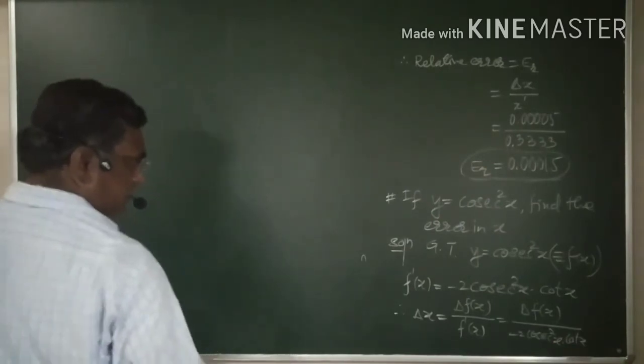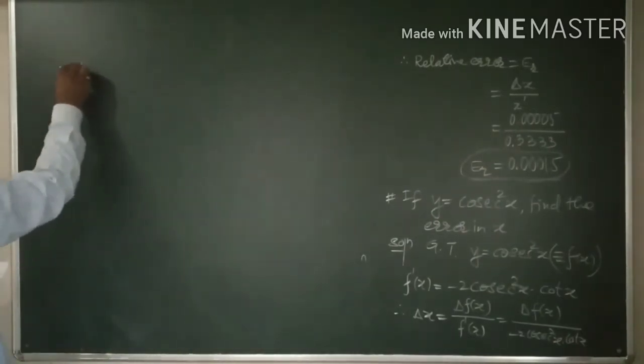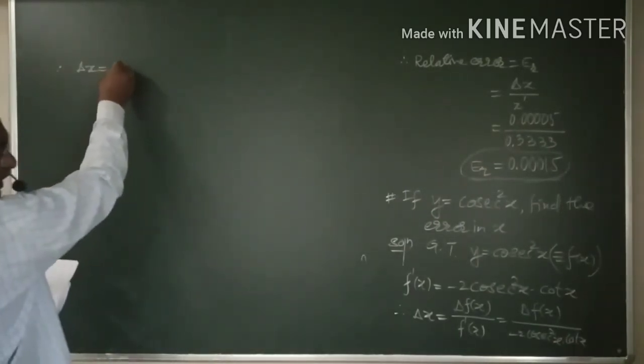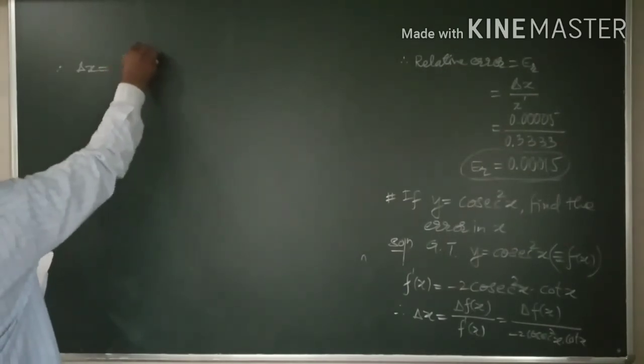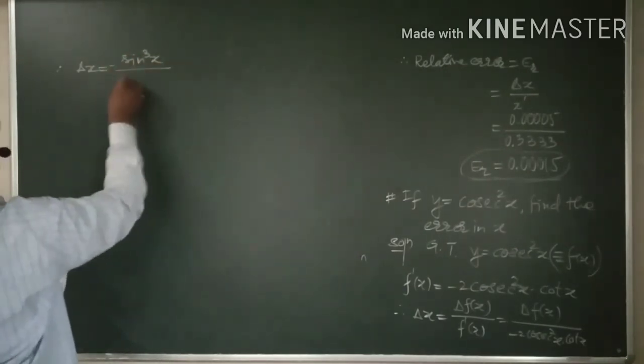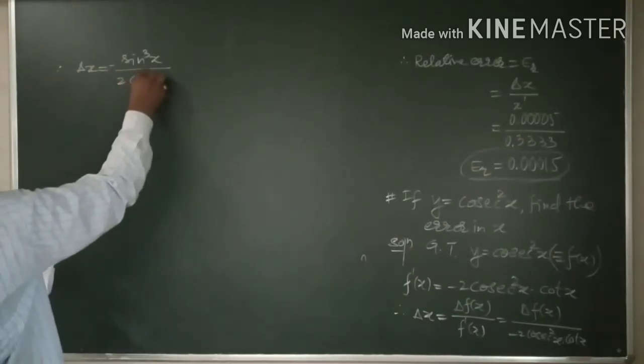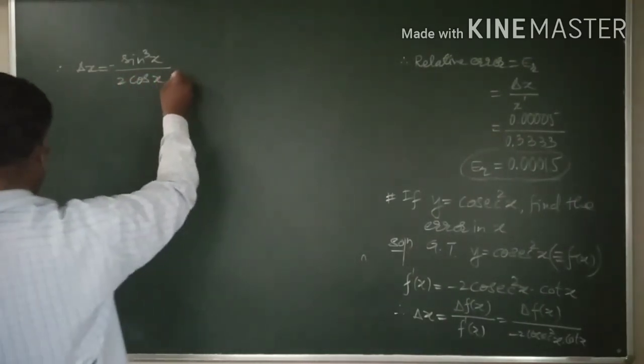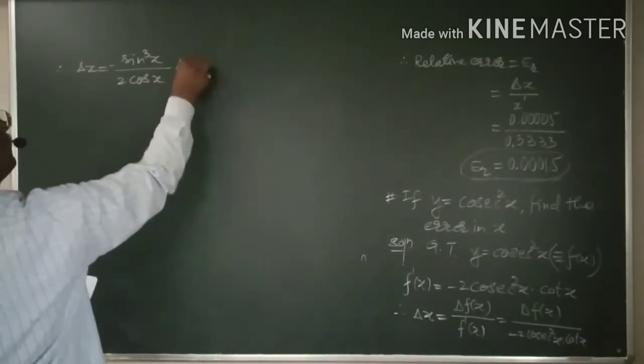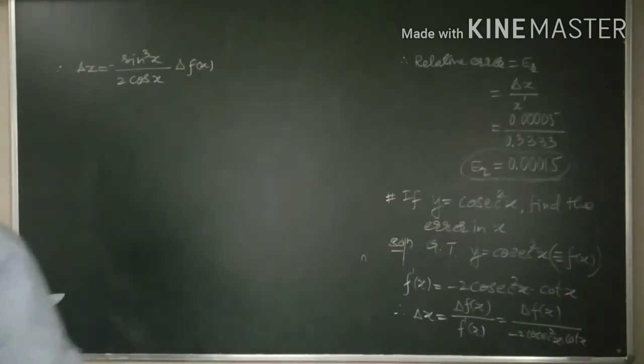Therefore, del x is equal to minus sin cube x upon 2 cos x, del f of x.